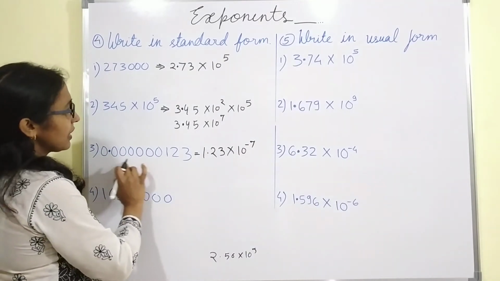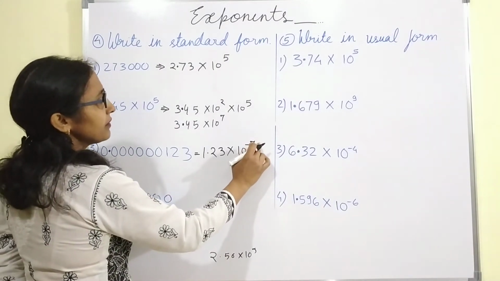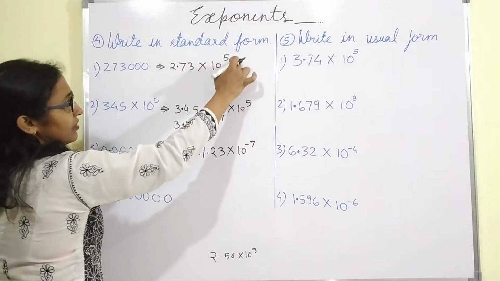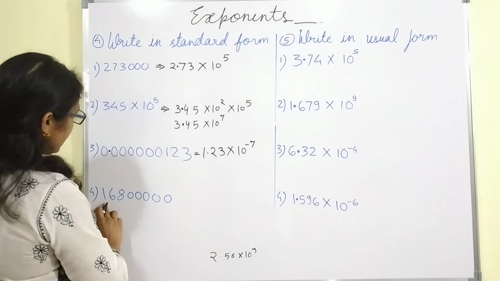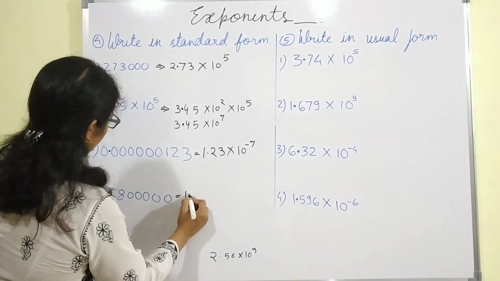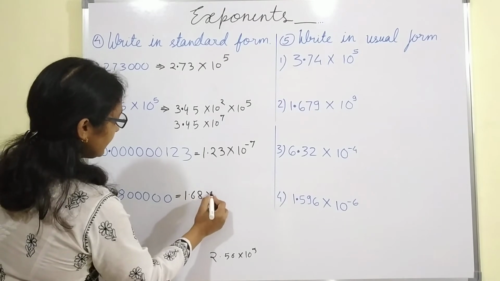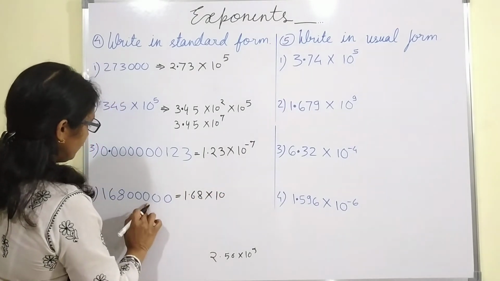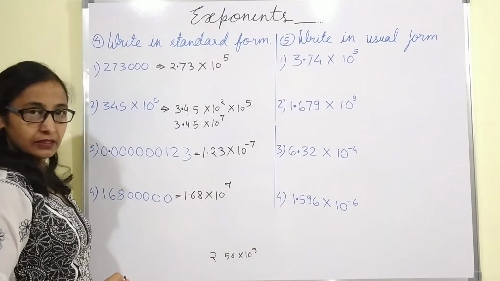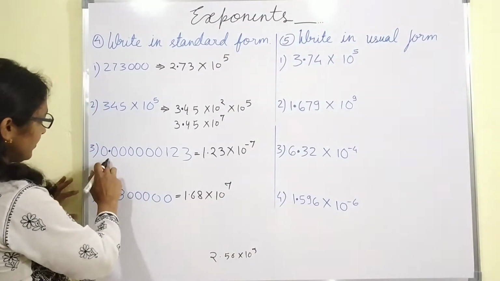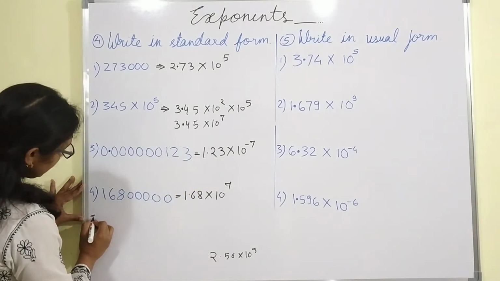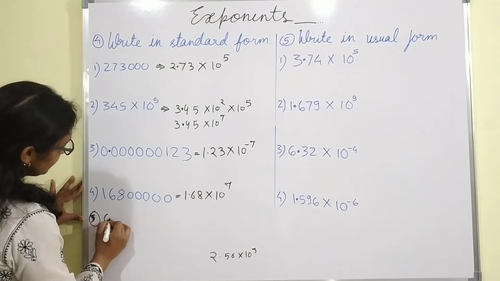So I am going left to right, so the power will be negative. And when I go right to left, the power will be positive. In this question 168 this, so it will become 1.68 into 10 to the power 3, 3617, 10 to the power 7.